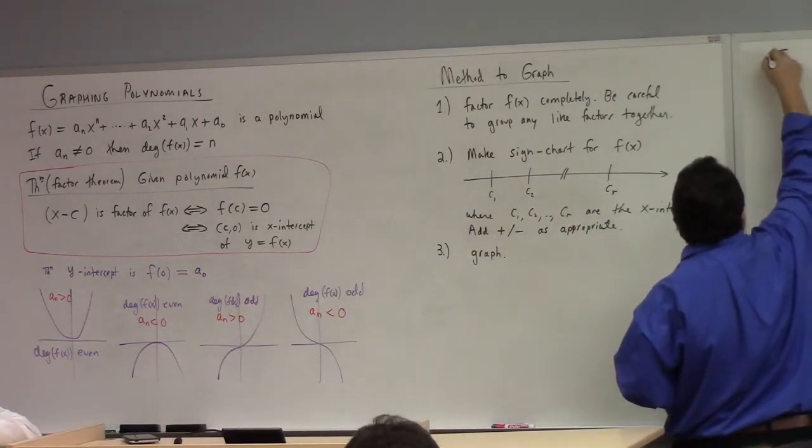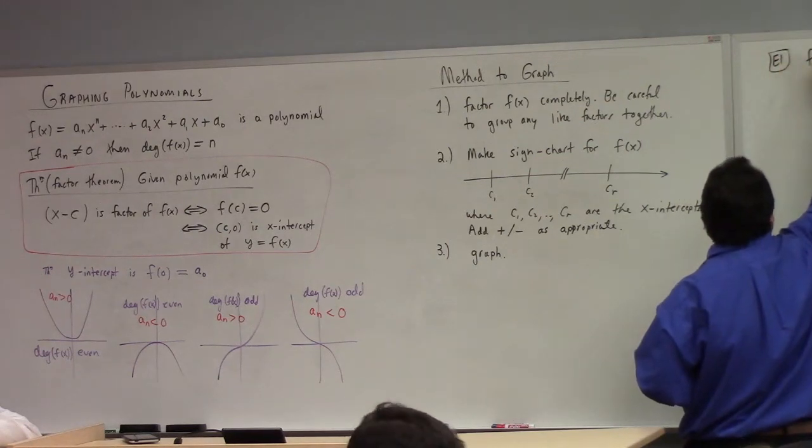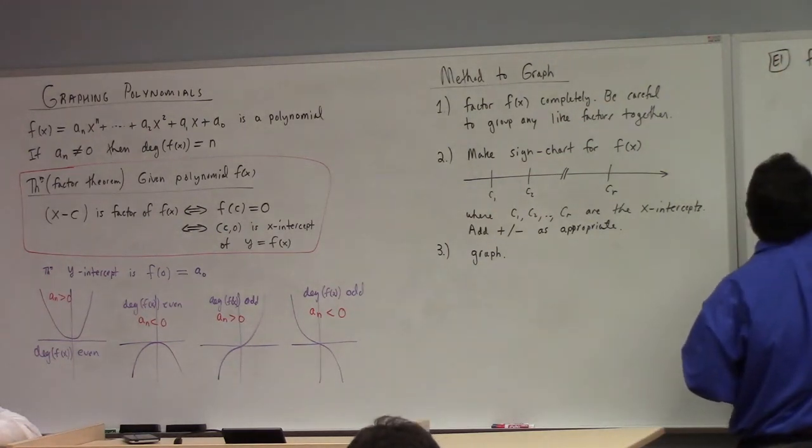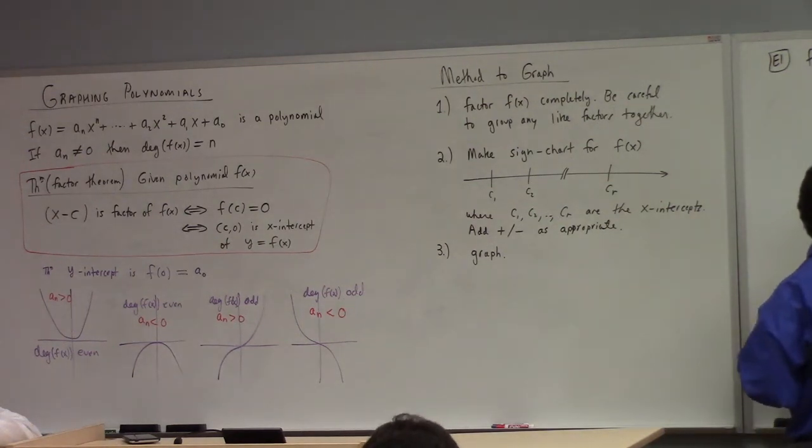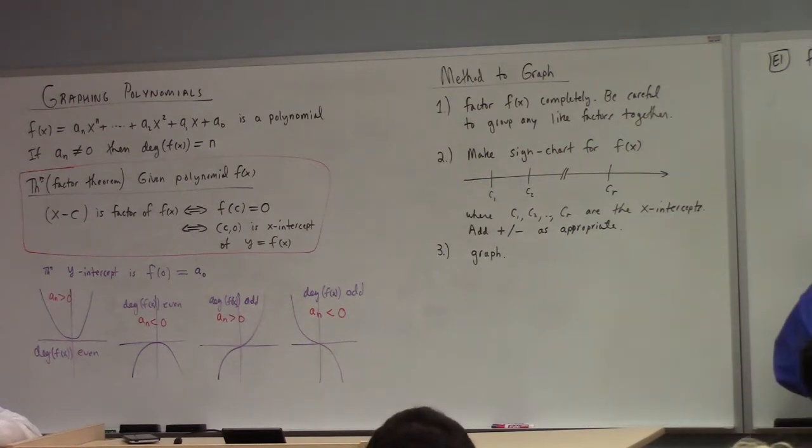Example 1. Suppose we had f of x equal to, I don't know, x squared minus 1 times x squared plus 2x plus 1, and then x minus 6 quantity squared.